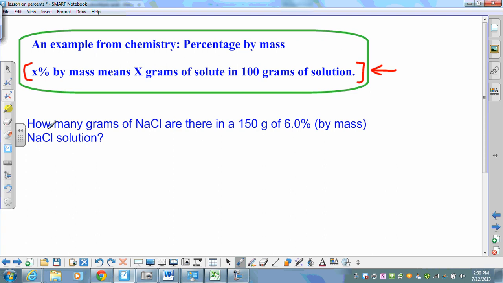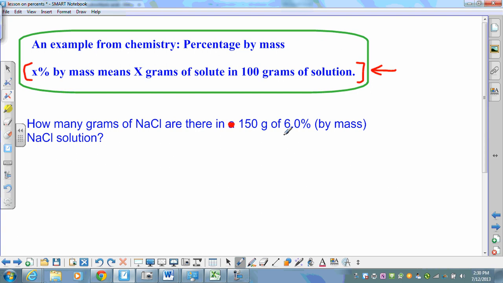The question is asking us how many grams of NaCl, or sodium chloride, are there in 150 grams of a 6% by mass sodium chloride solution. So how many grams of the actual substance will you find in 150 grams of a 6% by mass solution?